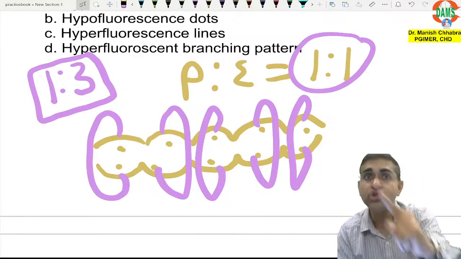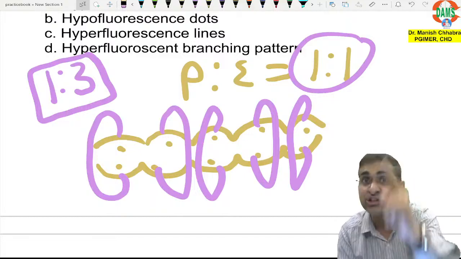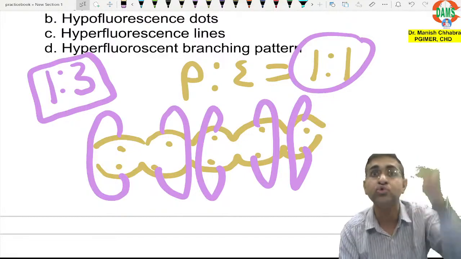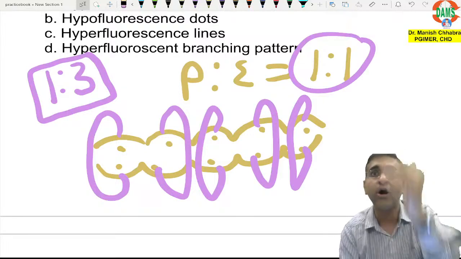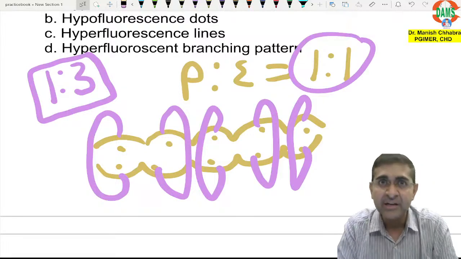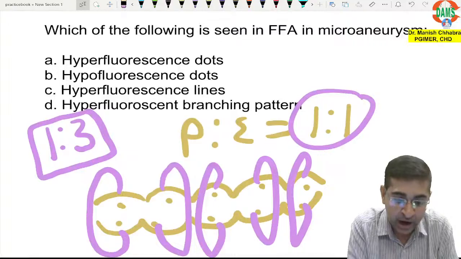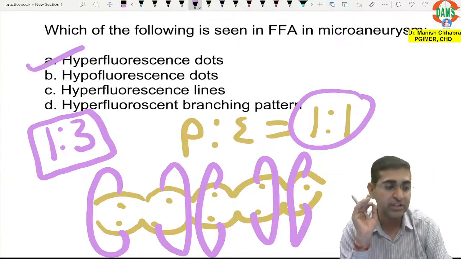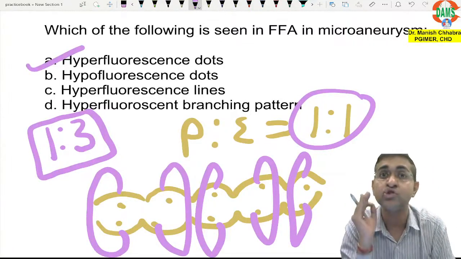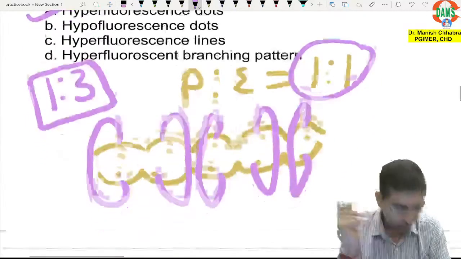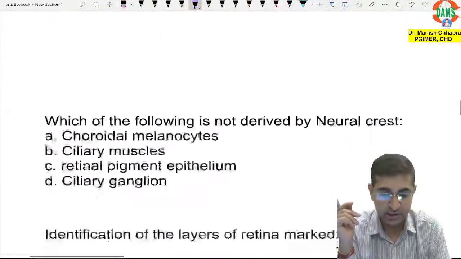I have shown you the image many times in my lectures, and even the real video of FFA being done. So the answer is pretty straightforward. It is hyperfluorescent dots. Alright, coming over to the next question.